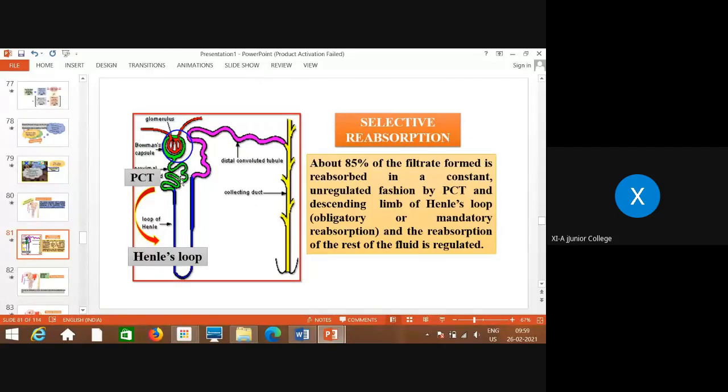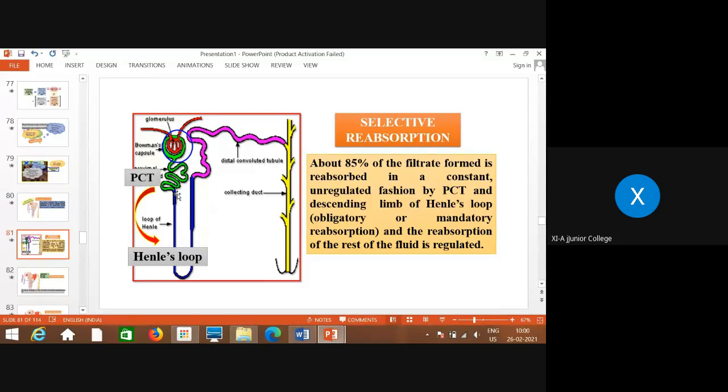That is why the maximum amount of the filtrate, almost 85%, is reabsorbed in this region of the PCT, and the remaining goes to the loop of Henle. So in this highly coiled structure of the PCT, the flow of filtrate becomes very slow, as well as maximum reabsorption, almost 85% of the molecules, by the epithelial microvilli of the PCT.